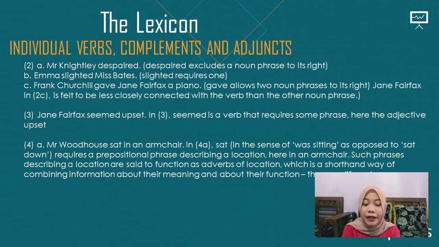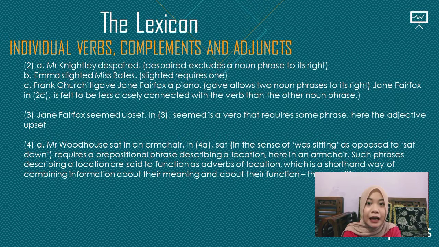Oke, contoh selanjutnya yaitu Jane Fairfax seemed upset. Nah, di sini seemed itu sebuah kata kerja yang membutuhkan frasa untuk melengkapi kalimatnya, yaitu upset. Nah, upset ini pelengkap untuk kata sebelumnya yaitu seemed. Selanjutnya yaitu Mr. Woodhouse sat in an armchair.